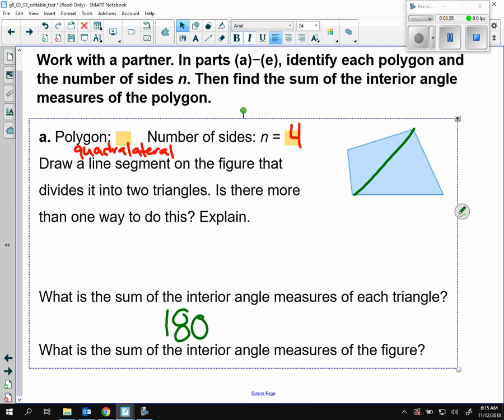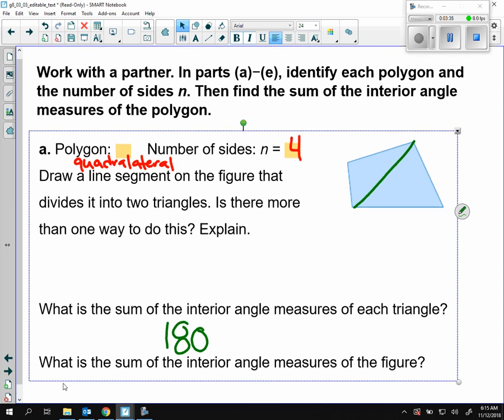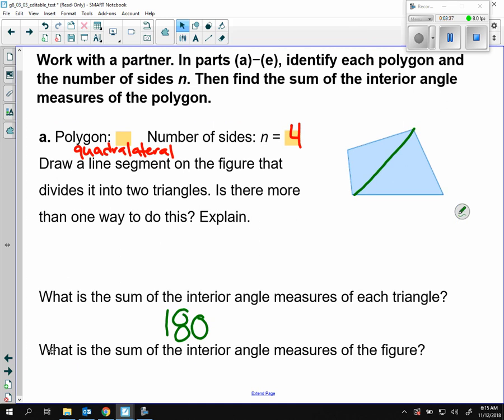So each one of those triangles has angles that add up to 180. So now we want to think about, okay, how does that help us figure out what is the sum of the interior angle measures of the figure?